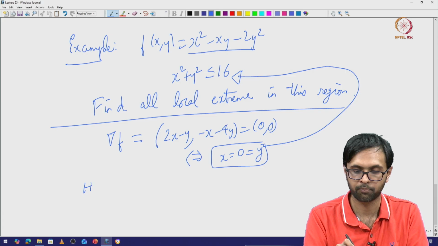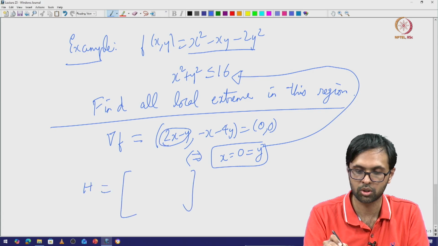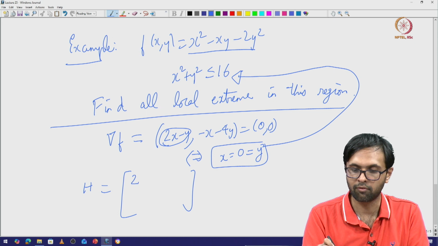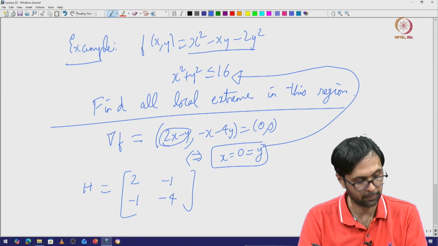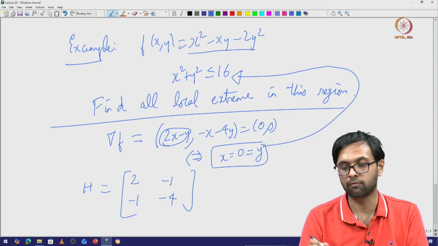The Hessian is d²f/dx², which is 2, d²f/dx dy, which is -1, d²f/dy dx, which is -1, and d²f/dy², which is -4. Okay, so what are the eigenvalues of this?